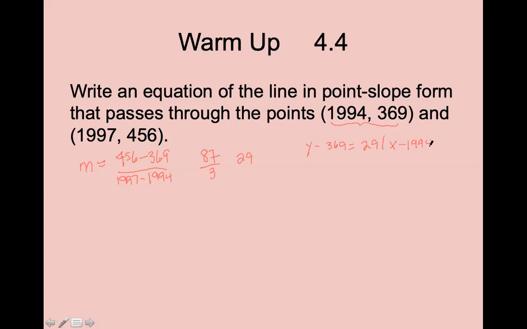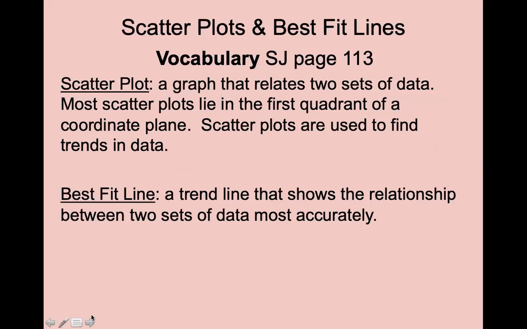Or you may have chosen the second ordered pair, so you'd have y minus 456 equals, same slope, 29 times the quantity x minus 1997. Both are point slope form. If you wanted to change it to slope intercept form, you would use the distributive property. Let's continue the presentation.